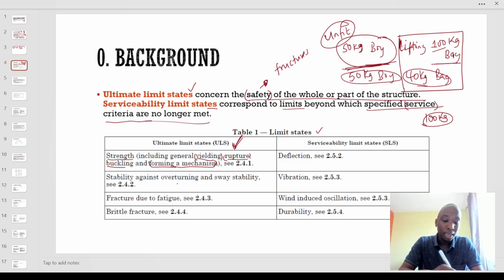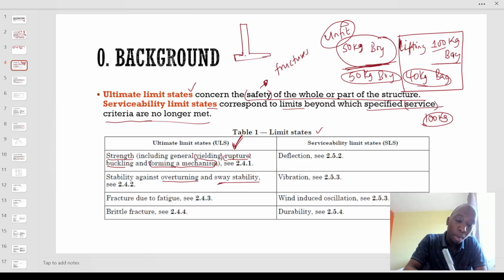The other one is stability against overturning. So sway stability. When we are talking about retaining walls, as at some point in your structural analysis, we said that if you have a particular retaining wall, subjected to a particular force that is beyond its design resistance, each retaining wall maintained by its own weight will offer a particular resistance to this force.